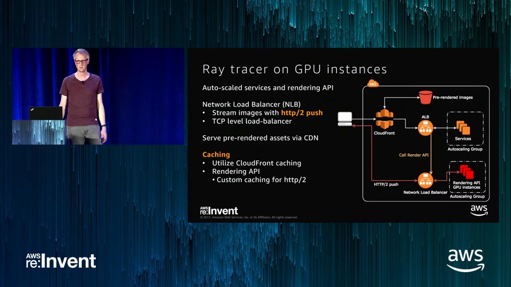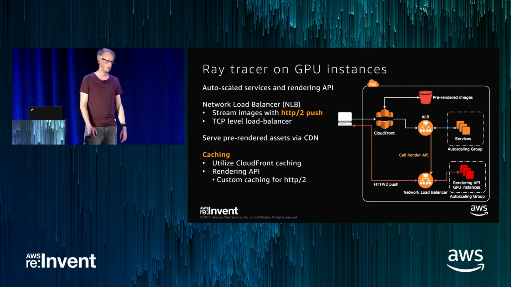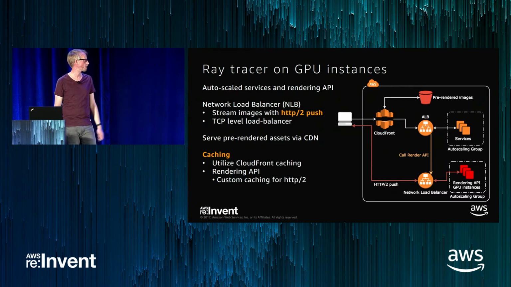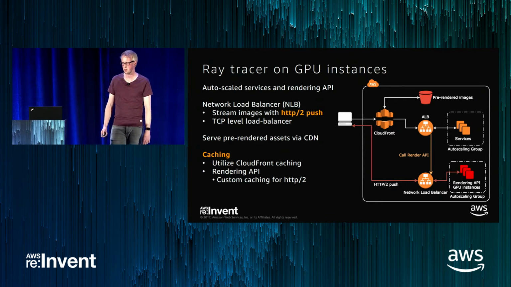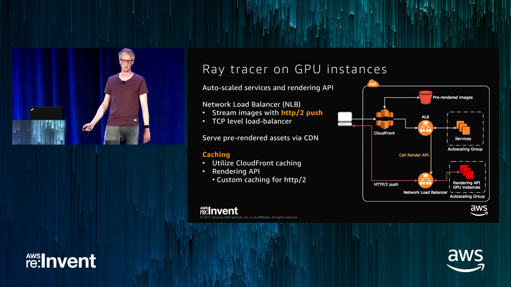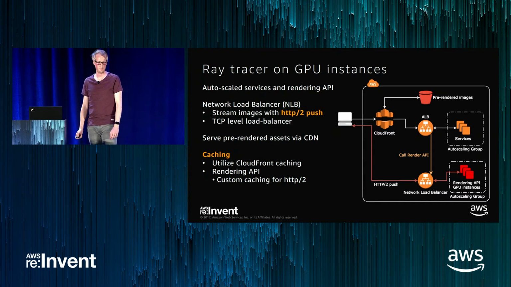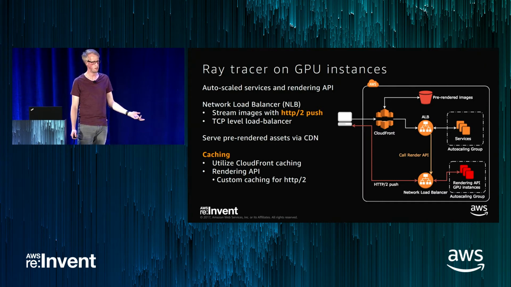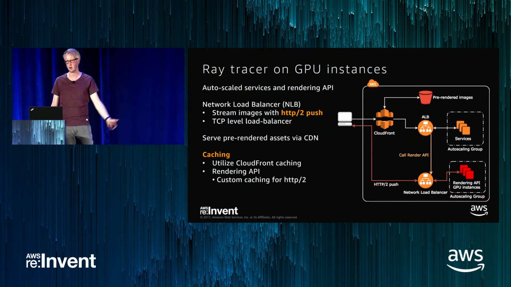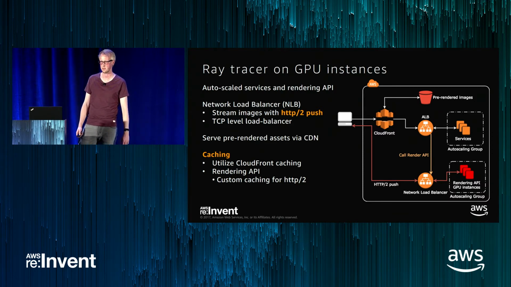We just have our existing fleet of services, our e-commerce application, probably sitting behind an application load balancer, and most likely within an auto-scaling group, so we can scale up and down depending on traffic. And then what we do is we add our fleet of GPU instances in there, and they host our rendering API as well. So the renderer and the rendering API, we can just host those on the GPU instances.